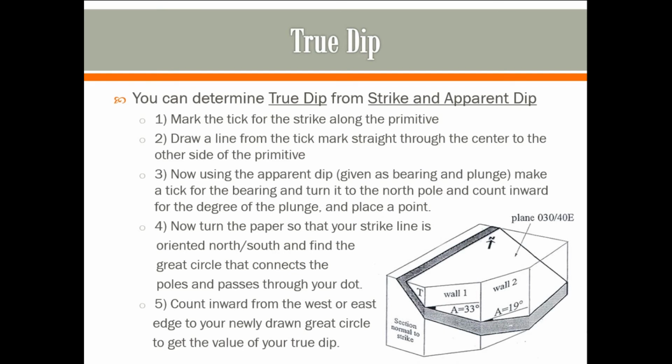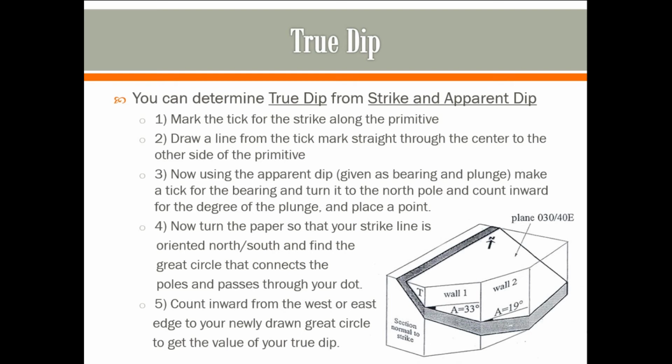This you can just do, not worry about the angle. All you need is a strike and what the angle apparently is on that exposed wall. So you mark your strike line just like normal, and then draw a tick mark on the other side, so you have both ends of your strike line, like we did last week.